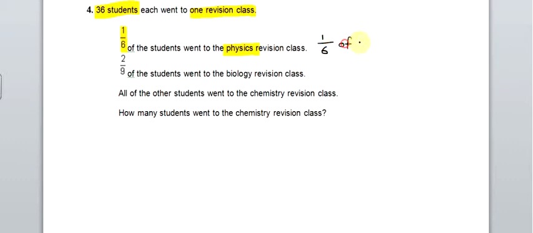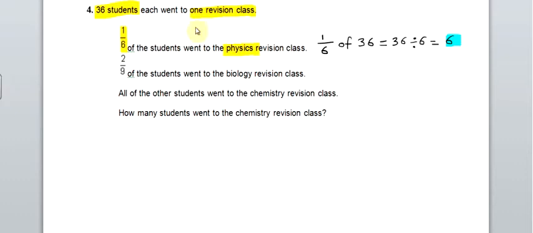And there was 36 students, remember, so it's 1/6 of 36. Now, a sixth, well, I'm just going to chop 36 into 6. That's supposed to be a divide, by the way, there we go. And that leaves 6. So 6 students went to physics, there we go.